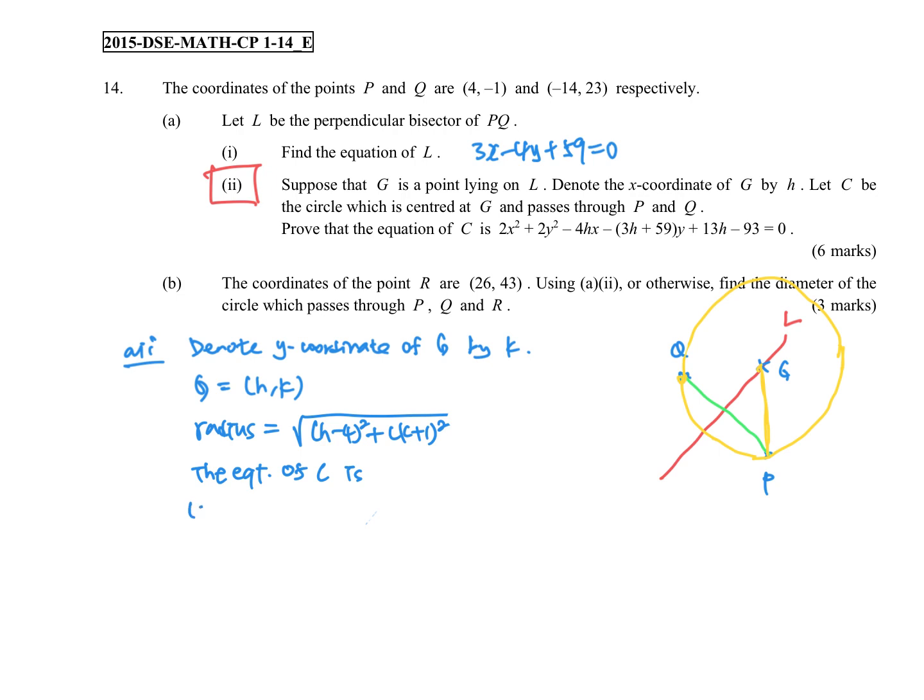So that will be (x minus h) all squared plus (y minus k) all squared equals this.